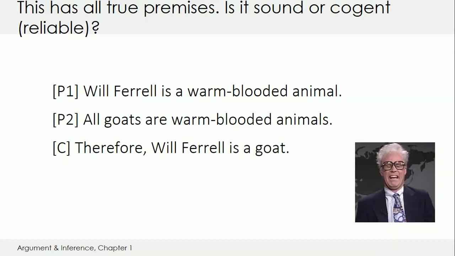So this has all true premises. Will Ferrell is a warm-blooded animal. All goats are warm-blooded animals. Therefore, Will Ferrell is a goat. What do you guys think?